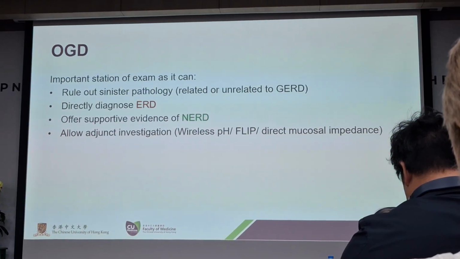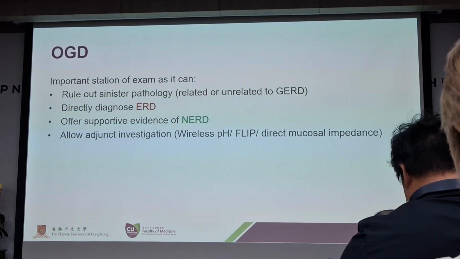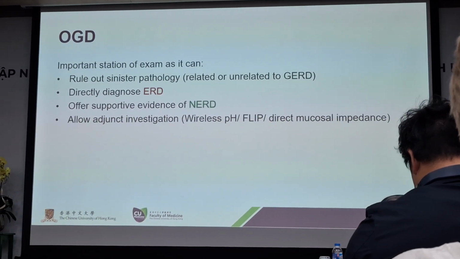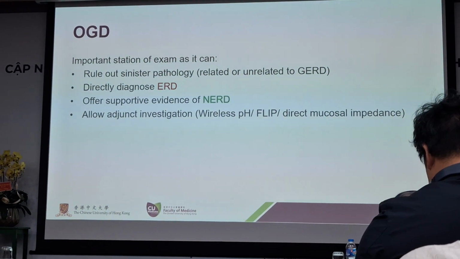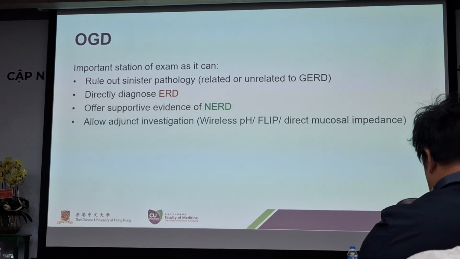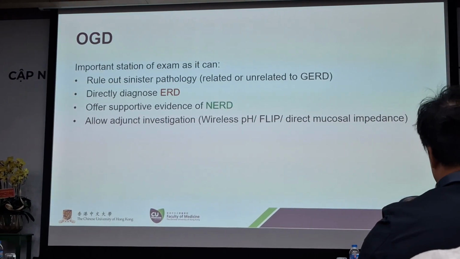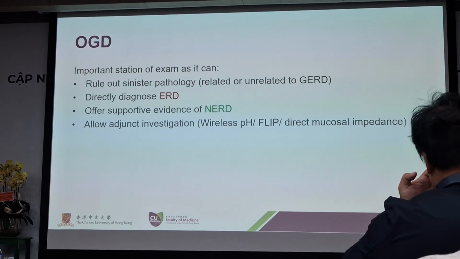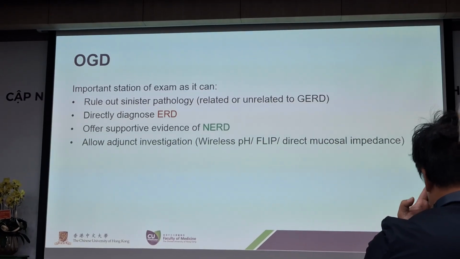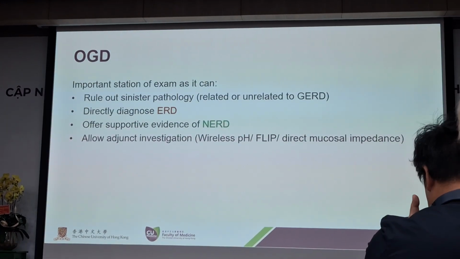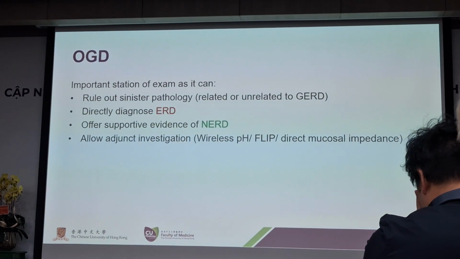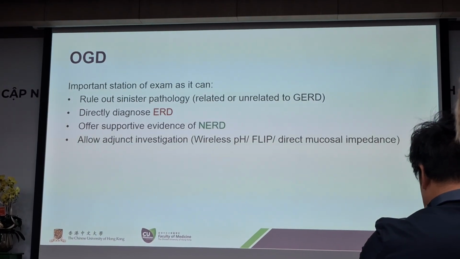OGD is useful because you can potentially already diagnose erosive reflux esophagitis, and it can offer some supportive evidence of GERD. During the OGD, we can also perform some endoscopy-associated procedures like wireless pH capsule, FLIP, or maybe direct mucosal impedance measurement.